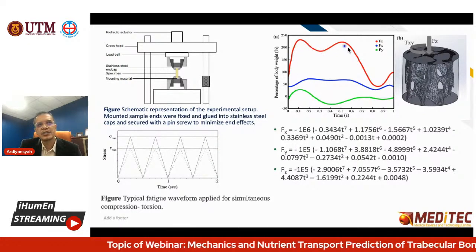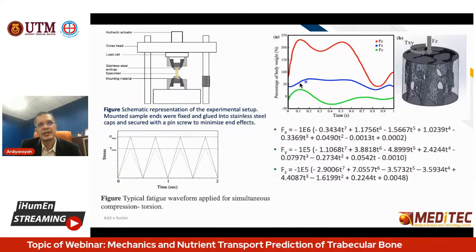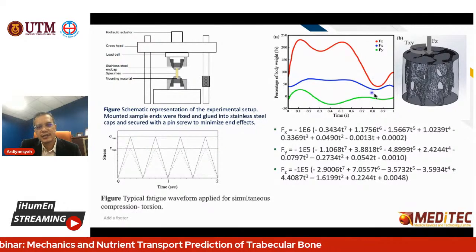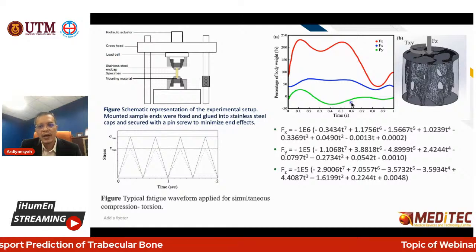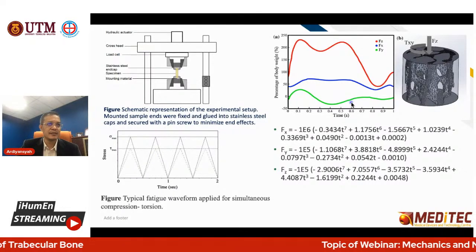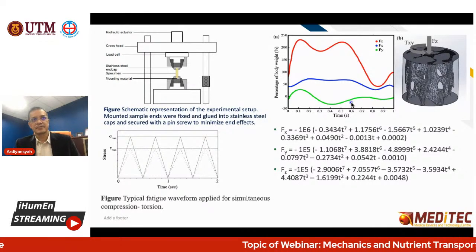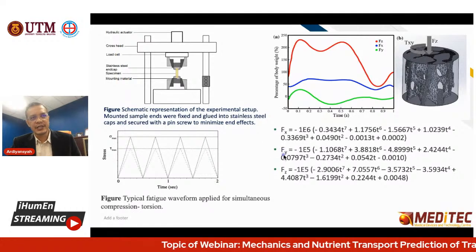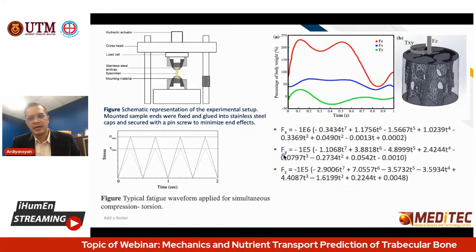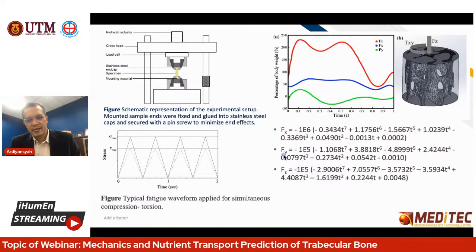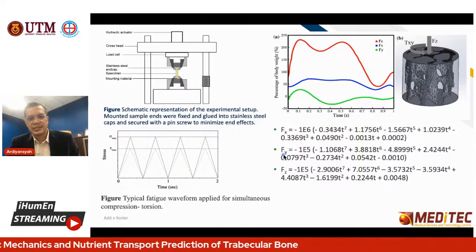This is the gait motion in the Z direction, that one is the X direction, and the green one is the Y direction of the gait cycle. Then you turn it into an equation. After that, you can run the simulation.